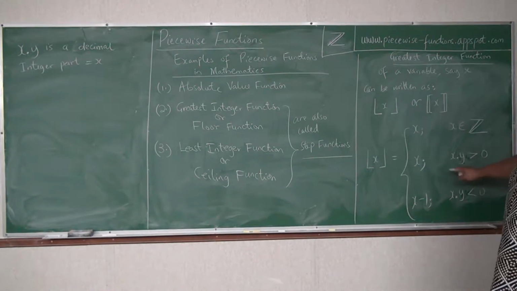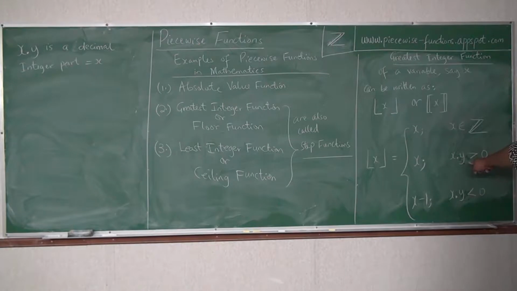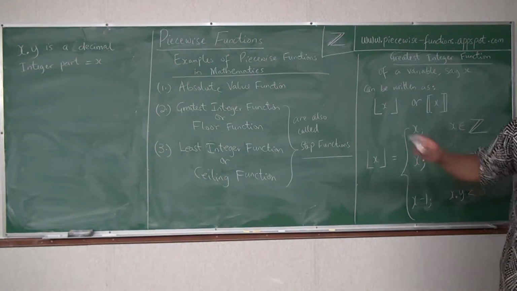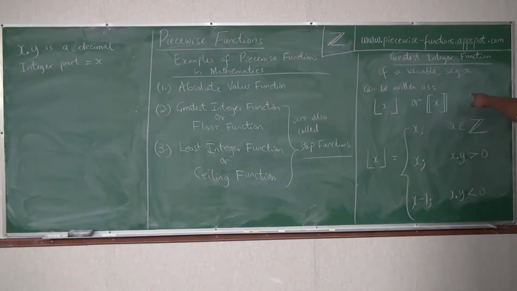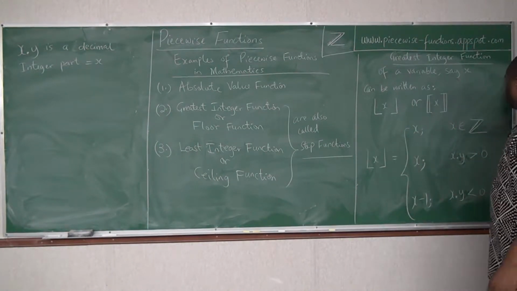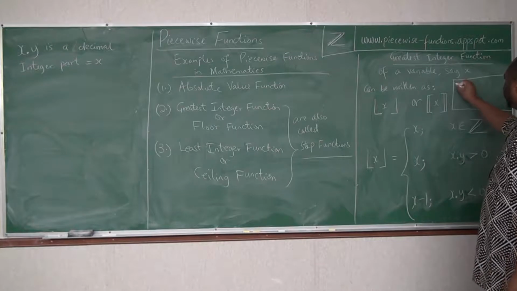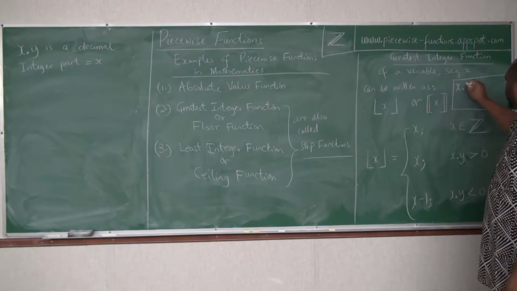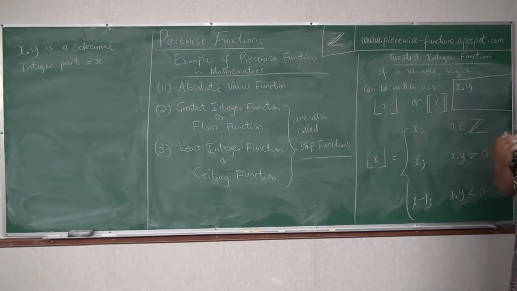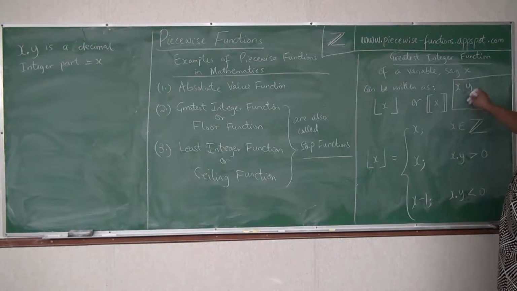Then if it is a decimal, x dot y, when you're writing this, please write that x point y is a decimal. Please, this is not x times y. If it's times, you write the dot in the middle, that's the dot product.